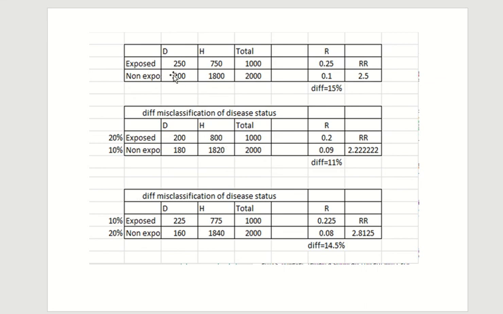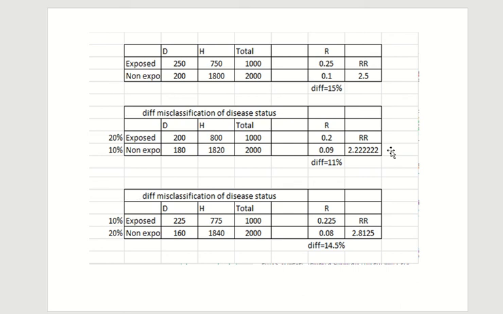However, in the 200 that are not exposed, the rate of the mistake is lower. It's 10%. So out of the 200, I'm going to remove 20 and put them in the 1800. So I end up with 180 and 1820. In that scenario, if you recalculate, your relative risk comes out to be equal to 2.22.